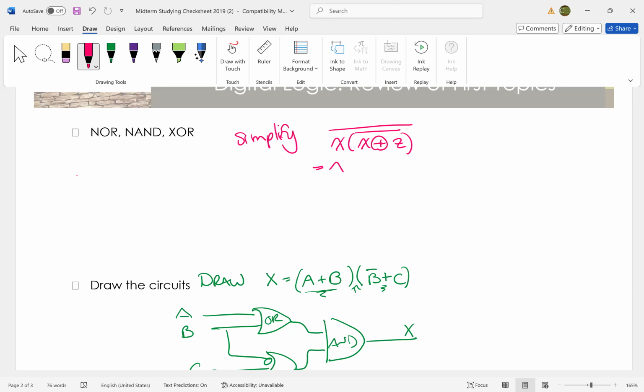So if I were to simplify that, I could use a De Morgan's theorem. And that breaks these up. And then that's x inverted plus, oops, wrote down the question wrong.